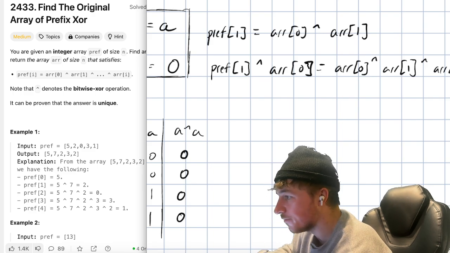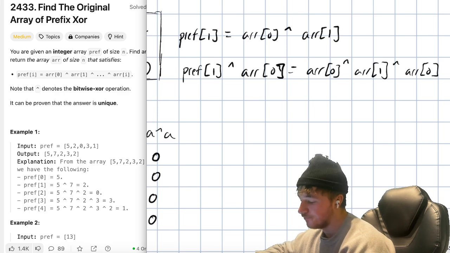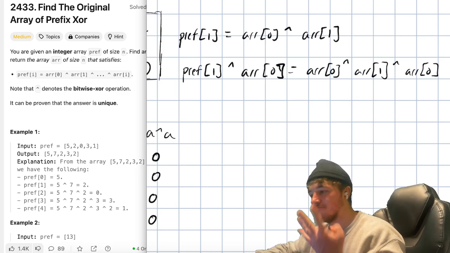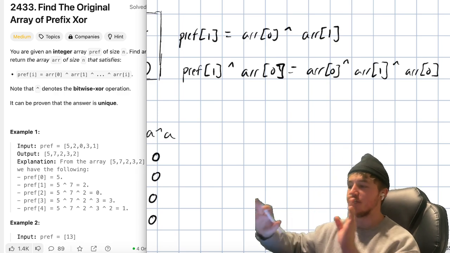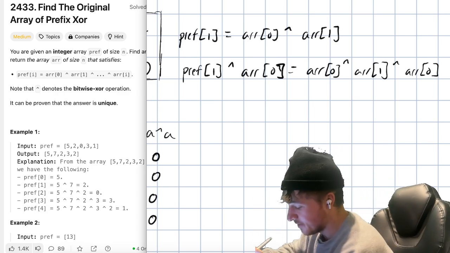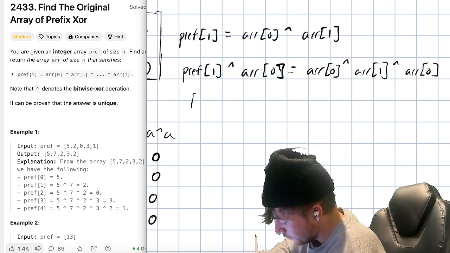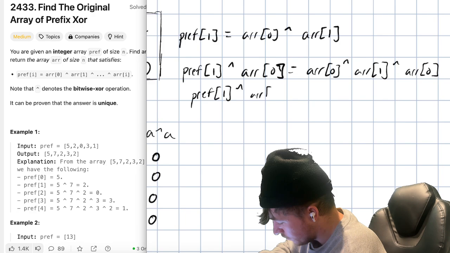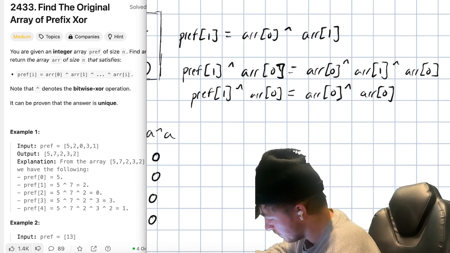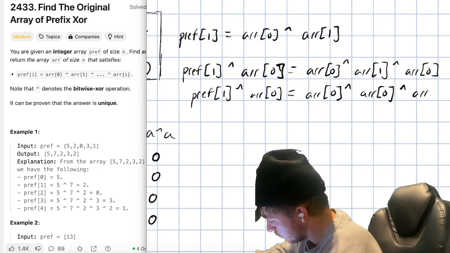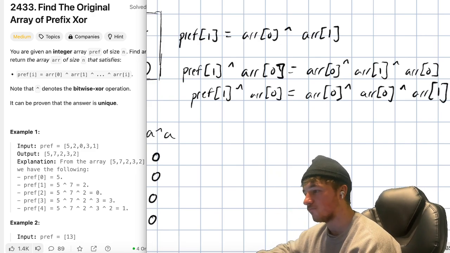And it doesn't really matter which way you XOR things, so I can switch these on the same side of the equation. So this is pref 1 XOR array 0 equals array 0 XOR array 0 XOR array 1. I'm just switching array 1 and array 0. It doesn't change anything.